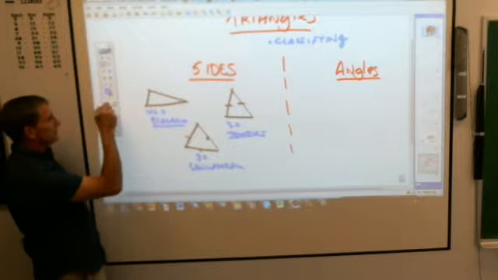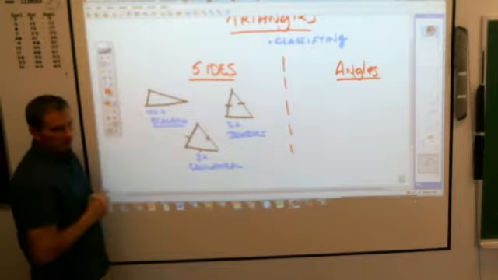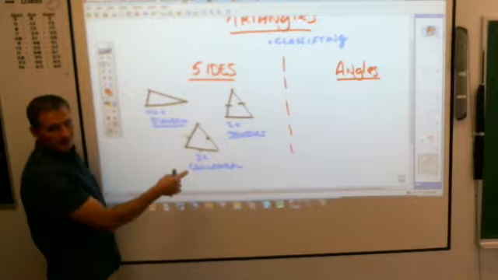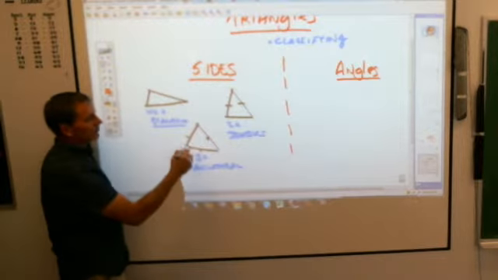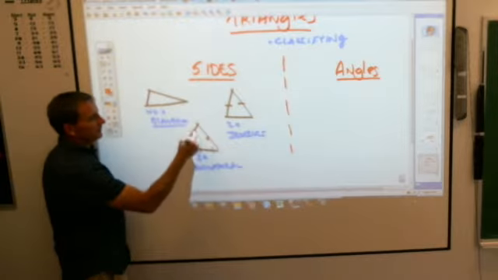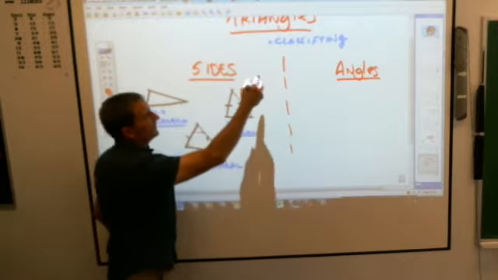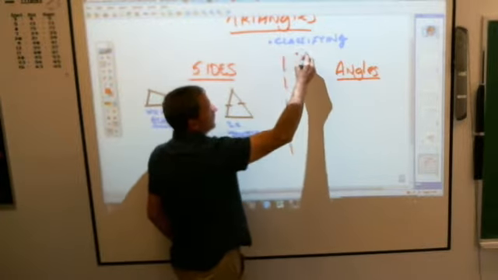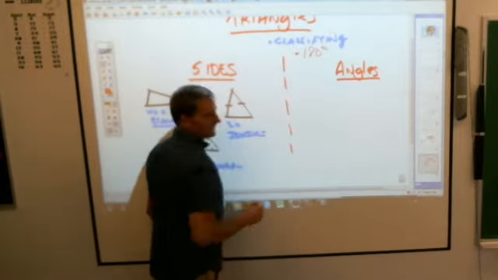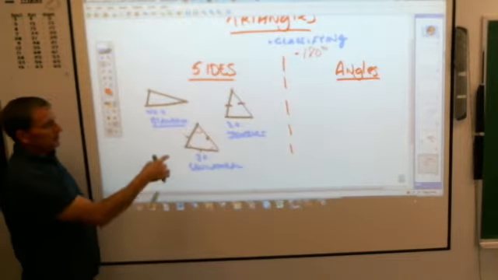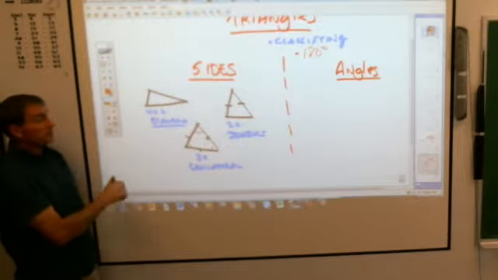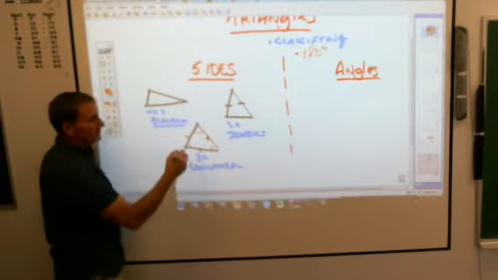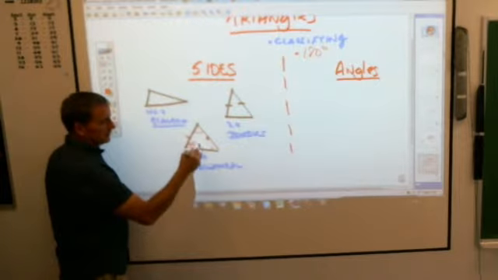Okay, and then a couple of special little things to know about this. If it's an equilateral triangle, not only are all three sides equal, but also all the angles of the thing are equal. And since a triangle has 180 degrees in it, each angle of an equilateral triangle, no matter how big or small the triangle is, has to be 60 degrees.